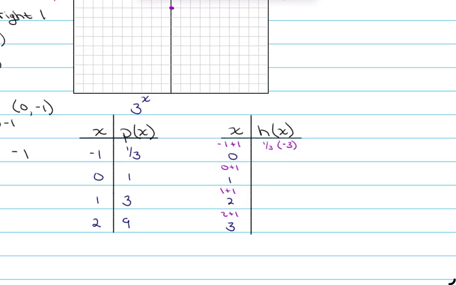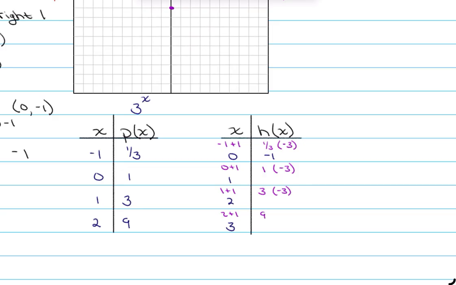All right. Our 1, this guy right here, is going to be multiplied by the -3, because again, that's the stretch and the reflection. The 3 is going to be multiplied by the -3, and the 9 is going to be multiplied by the -3.